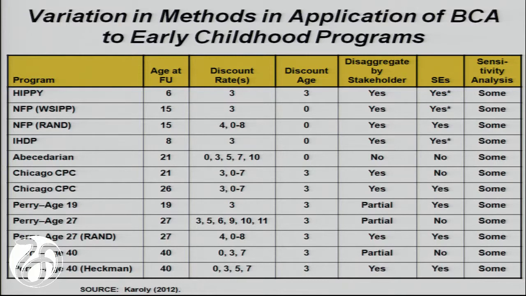And then the sensitivity analyses, all of these studies have done what I would call some kind of sensitivity analysis. And I included in this, for example, whether you disaggregated your estimates of benefits to show the different sources of benefits, which I think of as one type of sensitivity analysis, because we want to know how much is being contributed to our estimates of net benefits from a particular type of impact or outcome.